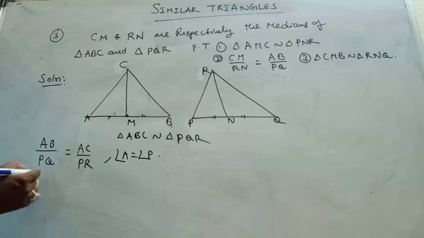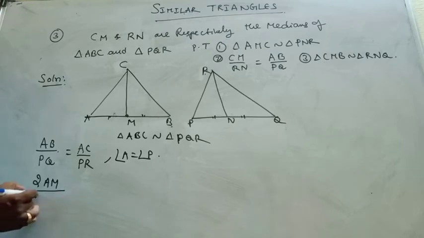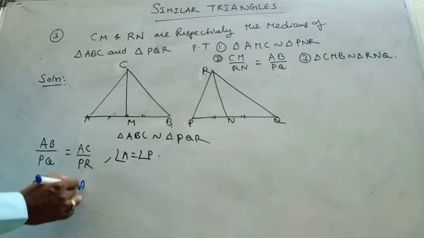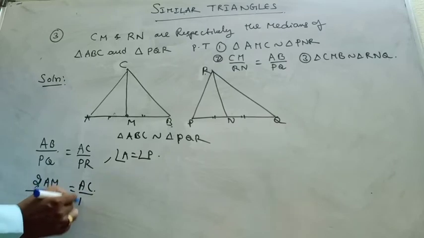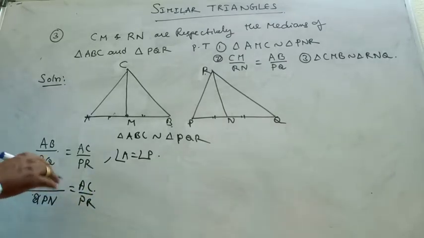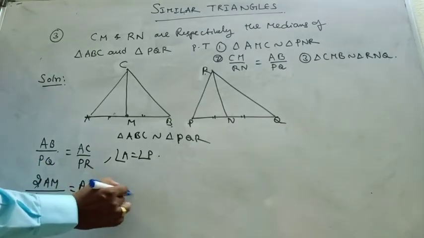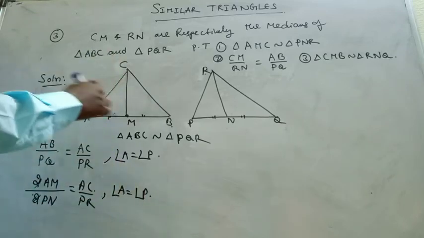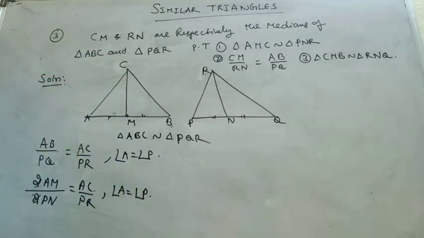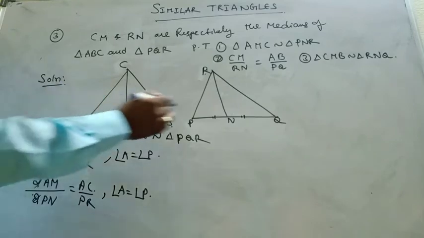Now AB I can write as 2 into AM, divided by 2 into PN, because N is the midpoint. Now 2 will cancel. This is equal to AC by PR, their corresponding sides, and the included angle, angle A equal to angle P. Here you consider these two triangles, AMC and PNR.